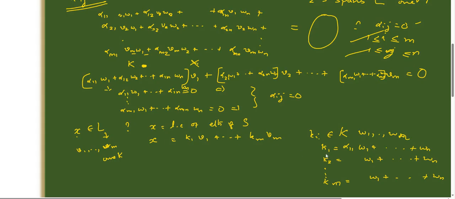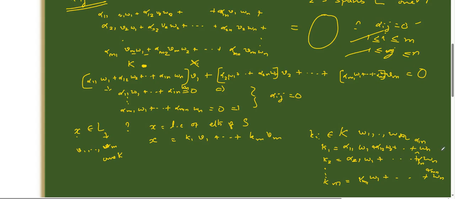So you give the scalars in this way, so that it will be easy for us, and so on up to alpha 1n Wn. And similarly for the second one, you take it as alpha 21 W1 and so on alpha 2n Wn. And for the last, alpha m1 W1 and so on alpha mn Wn.